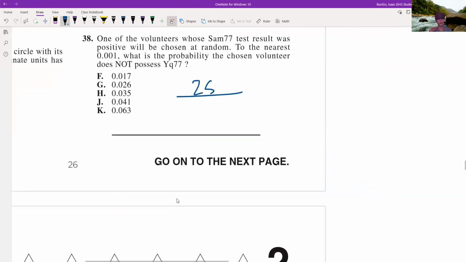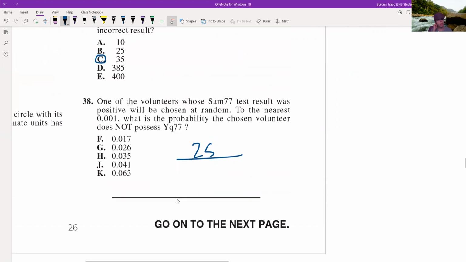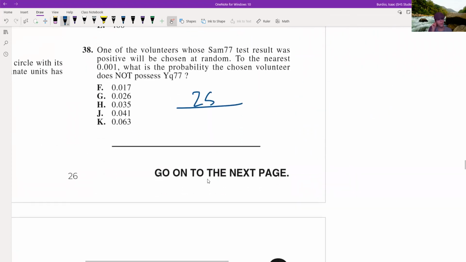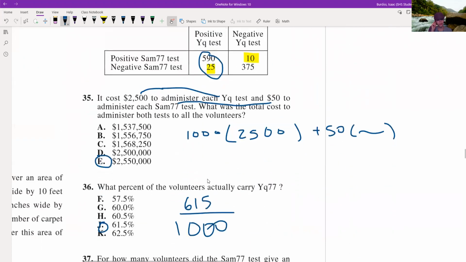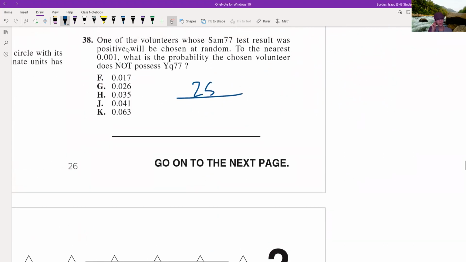So one of the volunteers whose SAM result was positive will be chosen. What is the probability that the volunteer does not possess it? So one of the SAM positives will be chosen. What is the probability that they don't have it? Probability is amount over total. The total positives are 600. Wait, 25, that was for the negative, sorry.